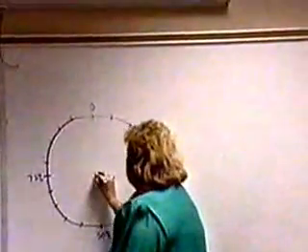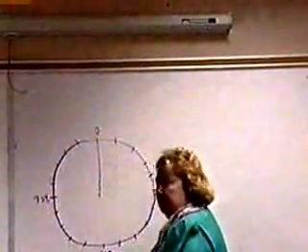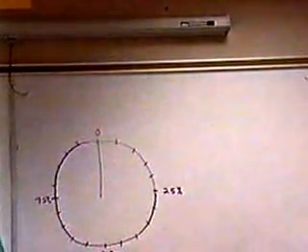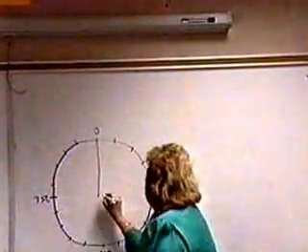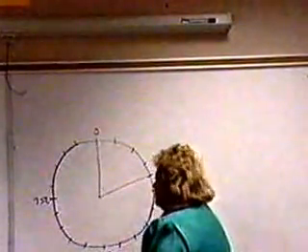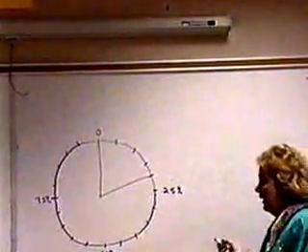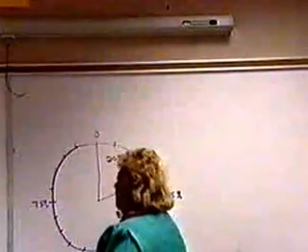Then we're going to start with the circle and draw a line up here to 0%. Our first piece of the pie is 20%. So I count 5, 10, 15, 20. And this piece of the pie is 20%. To label a pie chart, we always put the percent in here.